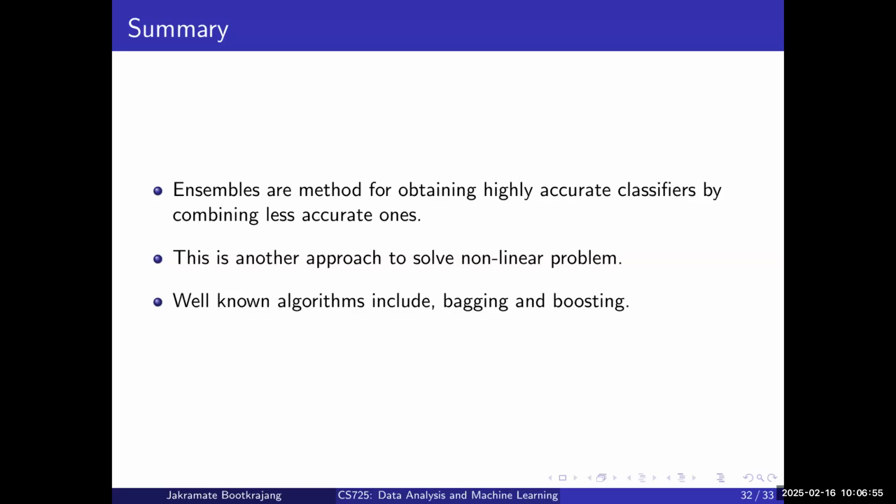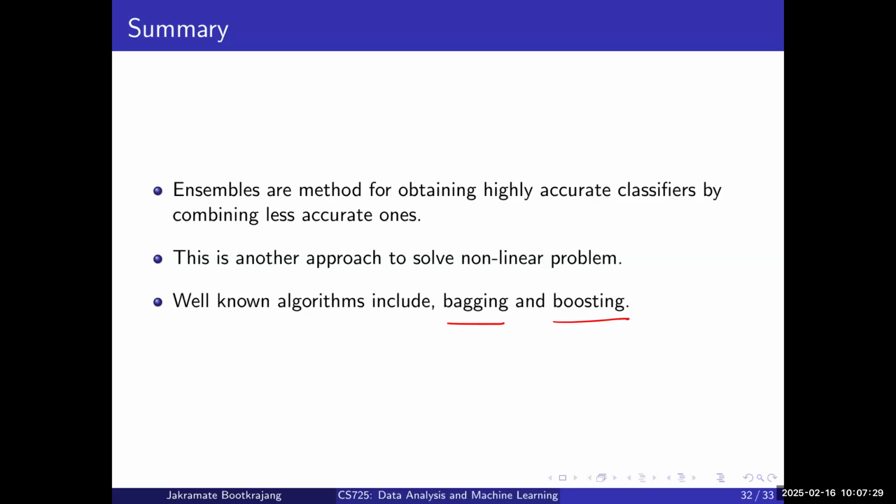So in summary, the ensemble methods are the methods where you want to achieve high accuracy, but using low-end classifiers, right? And then you combine the low-end classifiers together to make the collective effort better. We know the two main algorithms, bagging and boosting. This is for manipulating the training examples.